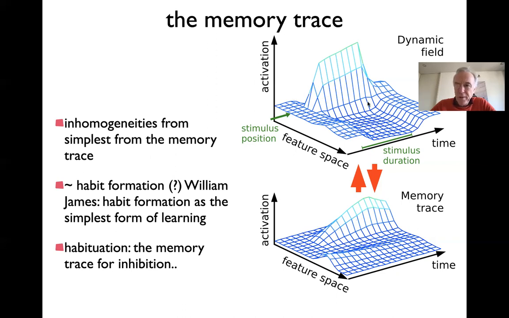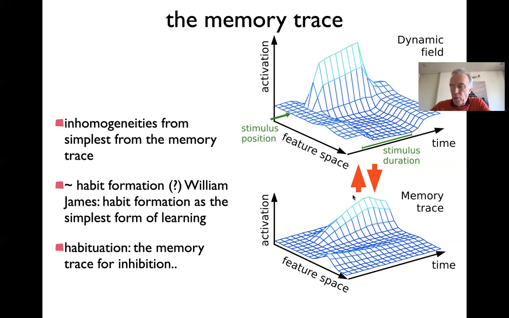If you have a field like this here, activation over a feature space evolving in time, and here this would be a suprathreshold peak, being above zero and suppressing the neighbors, under such conditions we would postulate that there is a field that we call the memory trace. It's not a neurodynamic field, it's a different equation, very simple linear dynamics, slower than the activation in this field, that would build some form of activation or memory trace at the location in the field at which a suprathreshold peak is currently present.